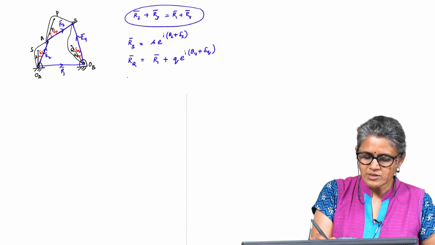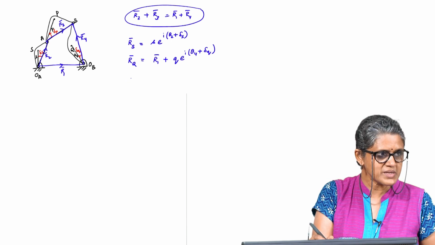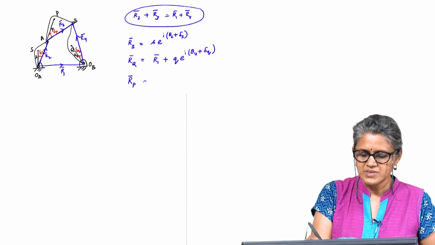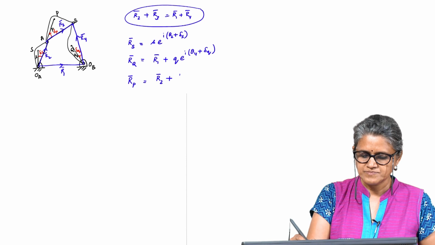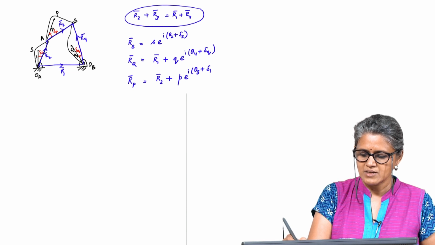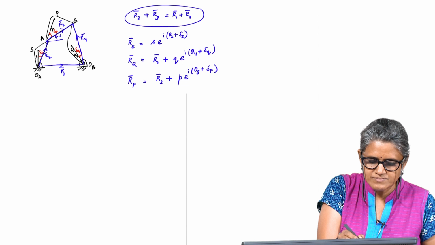Any point on the coupler, which is usually what we may be interested in, if I have an RP, it is R2 plus P e power I of theta 3 plus delta P, where theta 3 is this angle.